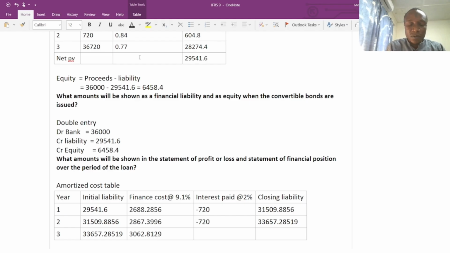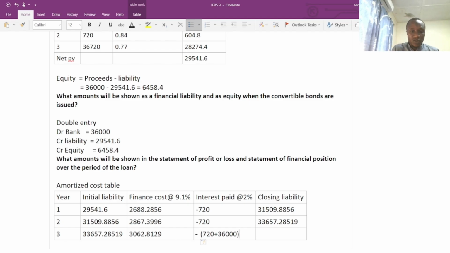In this situation, we are not only going to minus the 720, but we need to know whether the option will be exercised or not. So you don't have anything to worry about in this particular situation. If the option is not going to be exercised, then we are going to minus 720 plus the redemption value, which is 36,000.